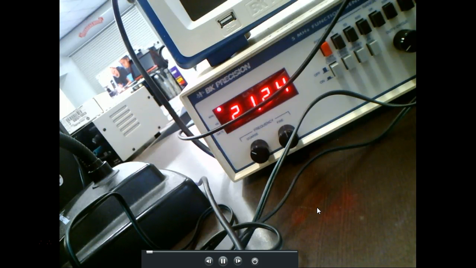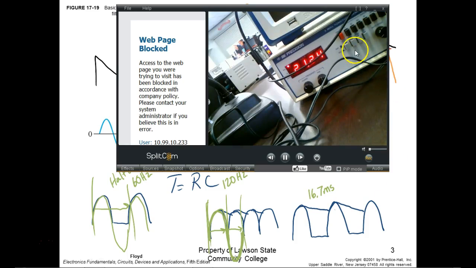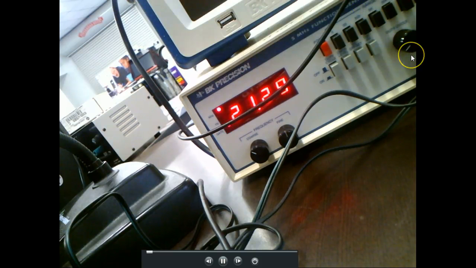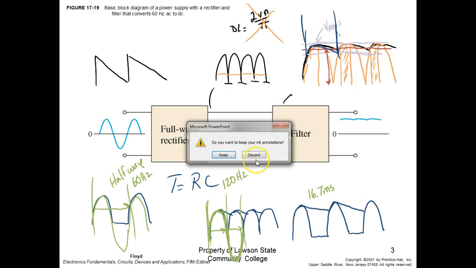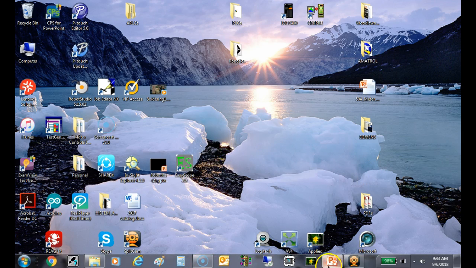So here we're dealing with 60 cycles. But I think there's a place where I asked you about 400 cycles, because that's what the airplanes I worked on used to run off of. Where's that question at?